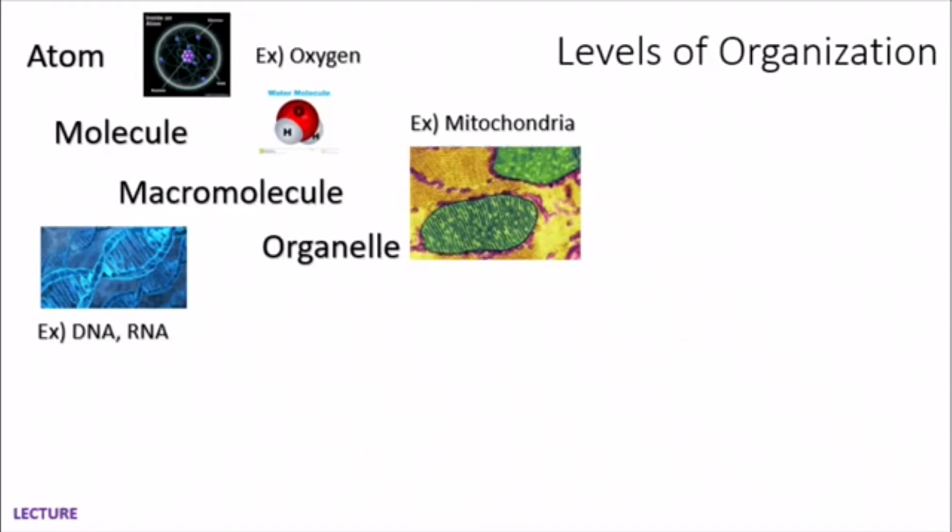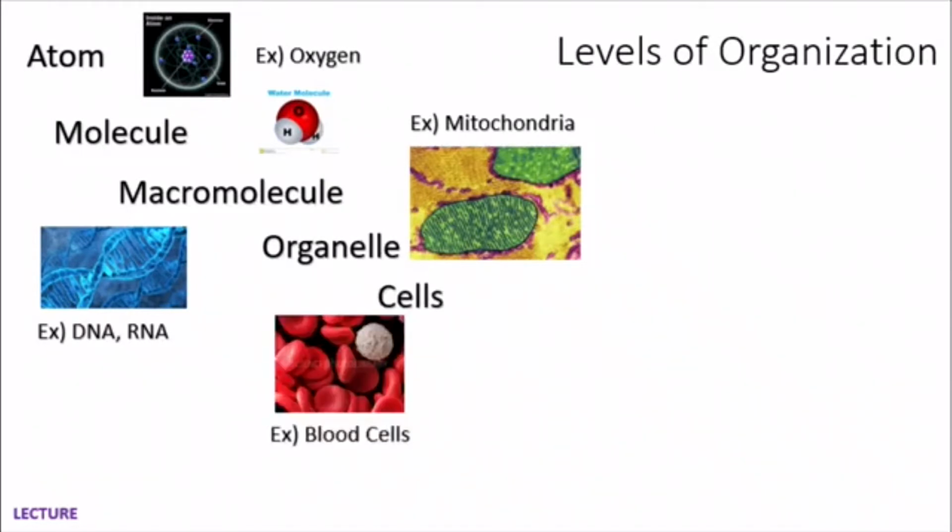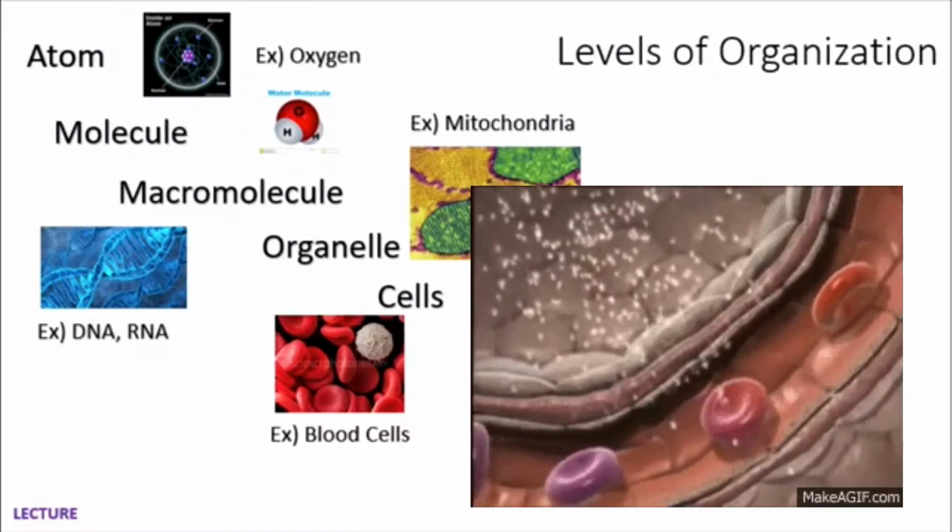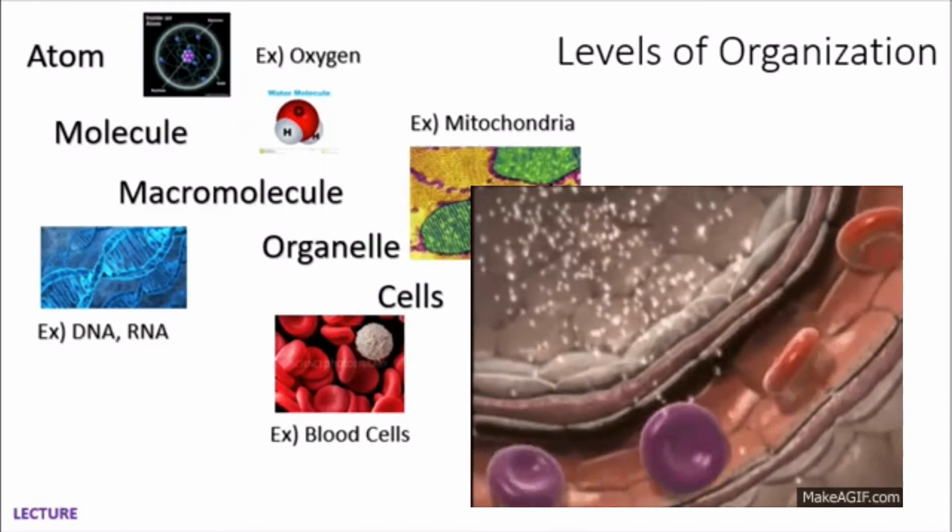Organelles are the little organs of cells. Cells are the next level. Here we're going to be looking at many different cell types throughout the semester. An example right here is blood cells. There are 2 different types, red blood cells and white blood cells. Red blood cells have been enucleated, so they've lost their nucleus, which gives you that donut shape that allows them to travel through the capillaries.